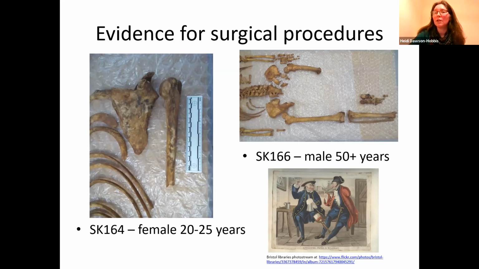So we know that he was surviving and getting around on his prosthetic, a bit like the image of the gentleman that I got from Bristol Libraries at the bottom of the slide there. So one of these individuals survived and the other one sadly didn't.